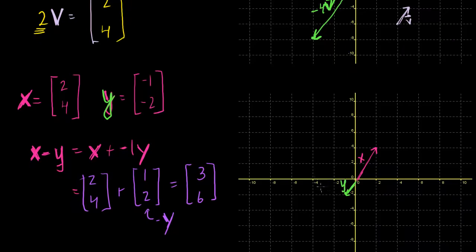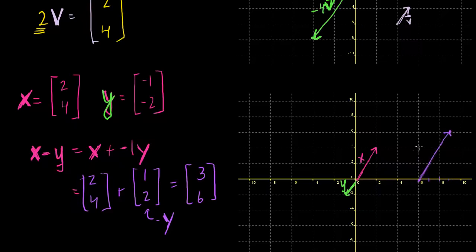So then what's their difference? It's the vector (3, 6). So it's this vector. Let me draw it someplace else. If I start here, I go 1, 2, 3, and then up 6. It's a vector that looks like this. That's the difference between the two vectors.